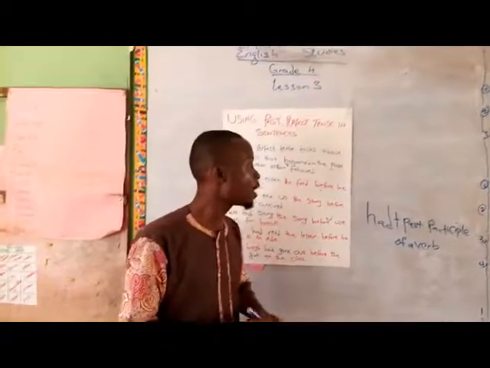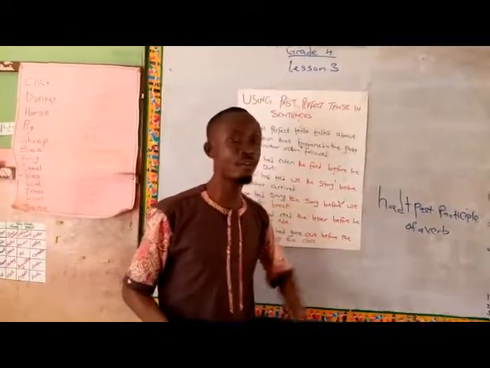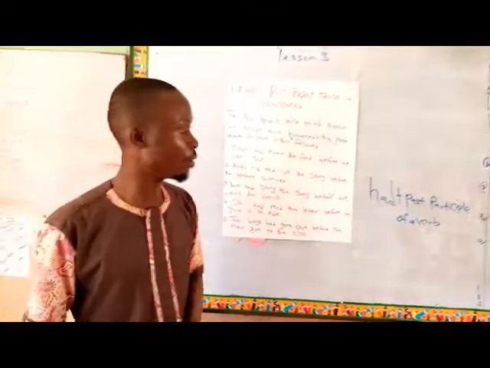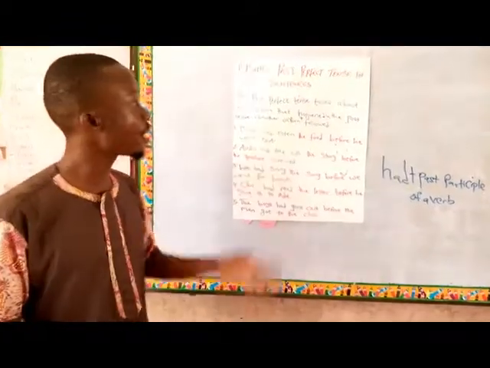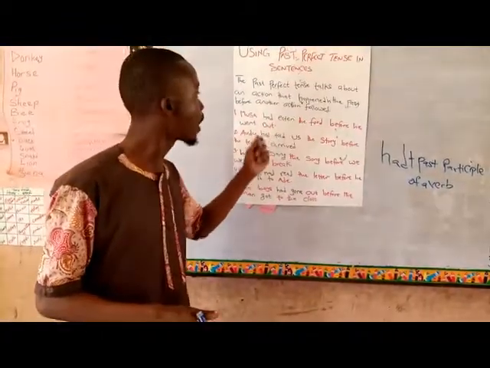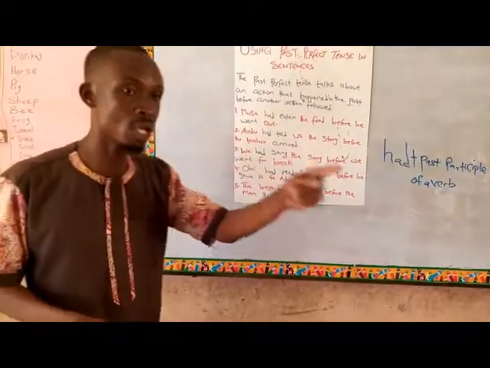Use the word had and the past participle of a verb to form your past perfect tense. Remember what I said, it talks about an action that happened in the past before another action followed.